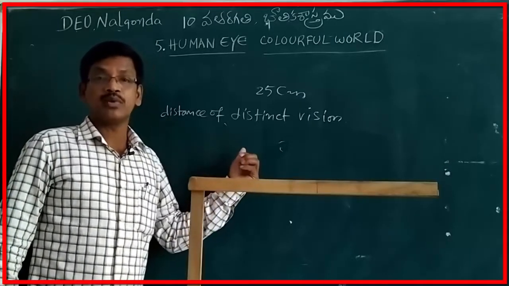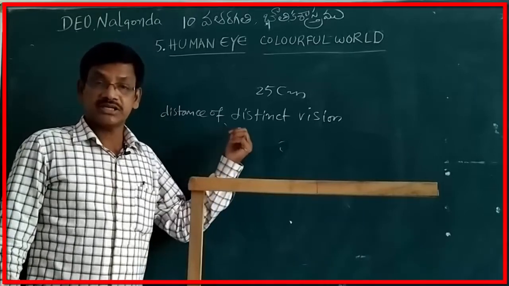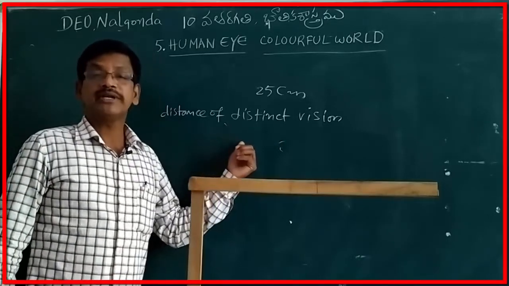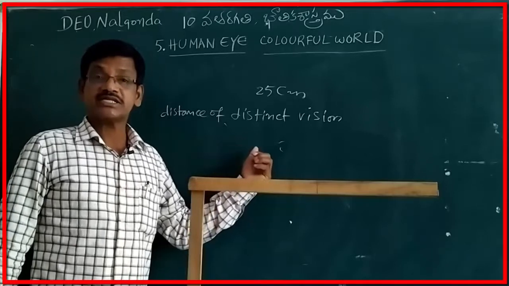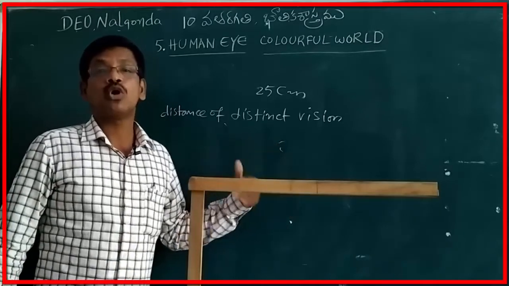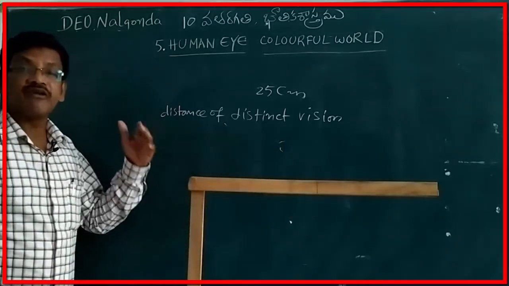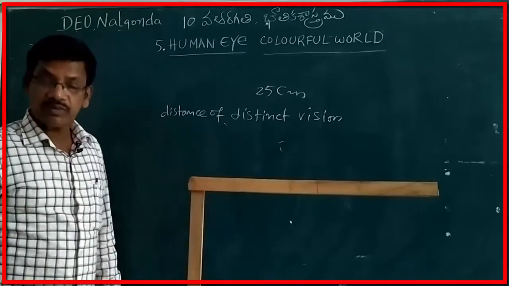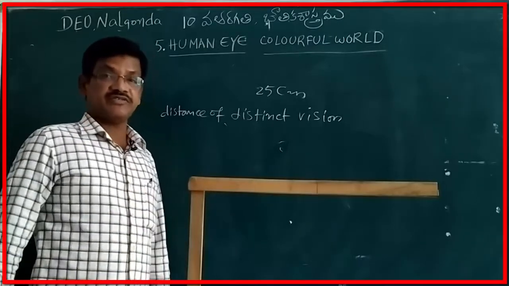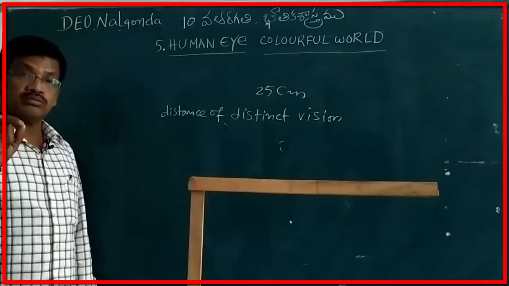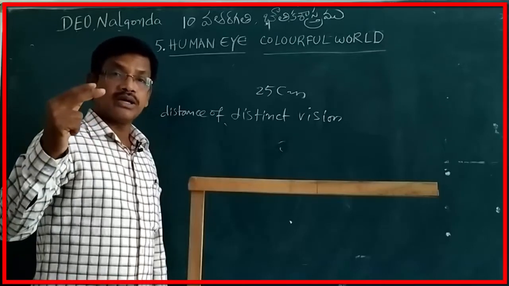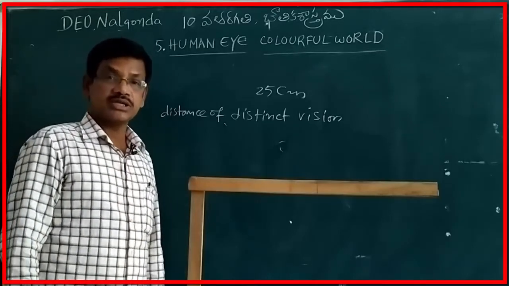Whereas in the case of old people, the distance of distinct vision increases up to 2 meters sometimes, because the muscles around the eyes of old people are not ready to take more strain. That is why it increases. So, from this activity, we understand that there is a fixed distance of distinct vision, even though it varies from person to person depending on the age. Right.